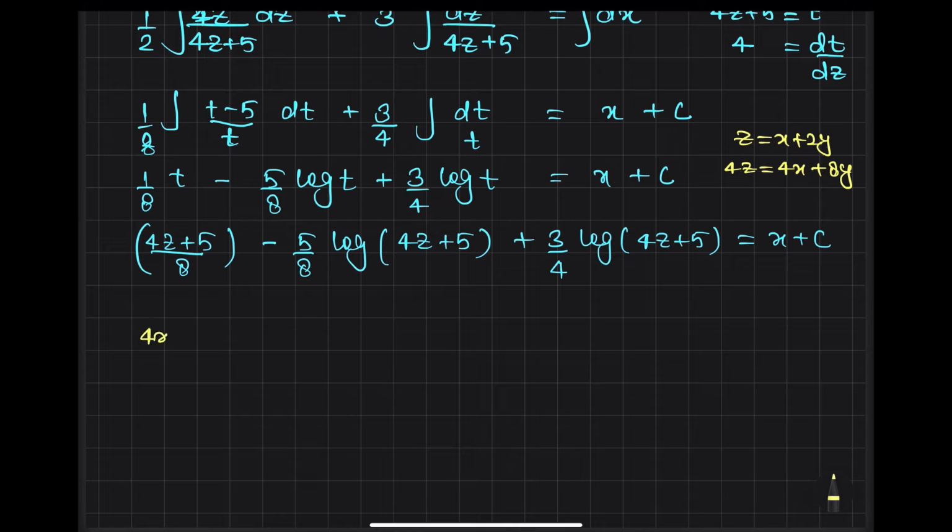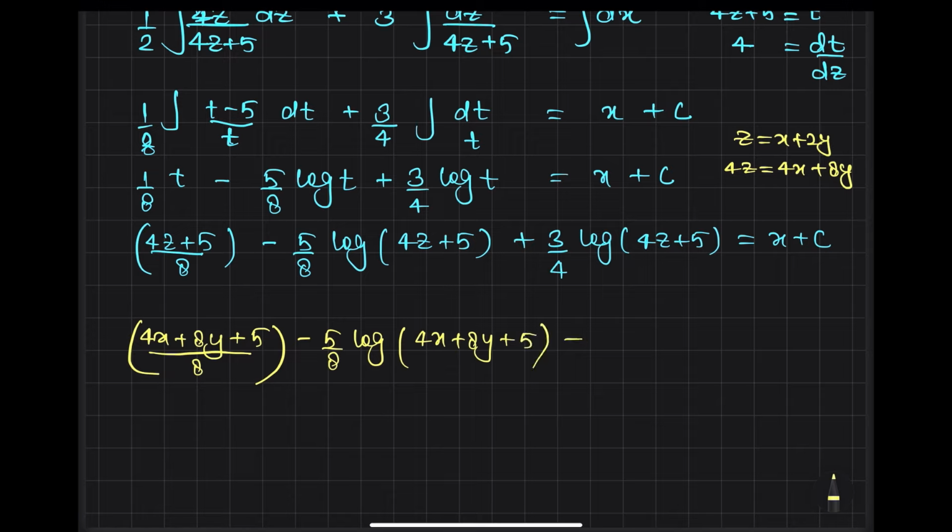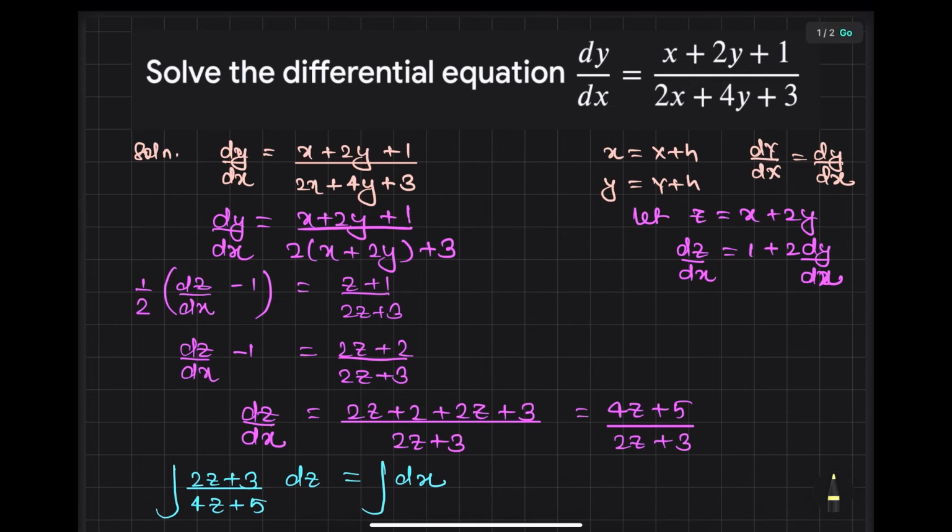So we have (4x plus 8y plus 5) by 8, minus 5 by 8 log (4x plus 8y plus 5), plus 3 by 4 log (4x plus 8y plus 5) is equal to x plus c. So this is the final result. I hope the idea is clear and you can handle similar situations. See you guys in the next session of MathFlix.